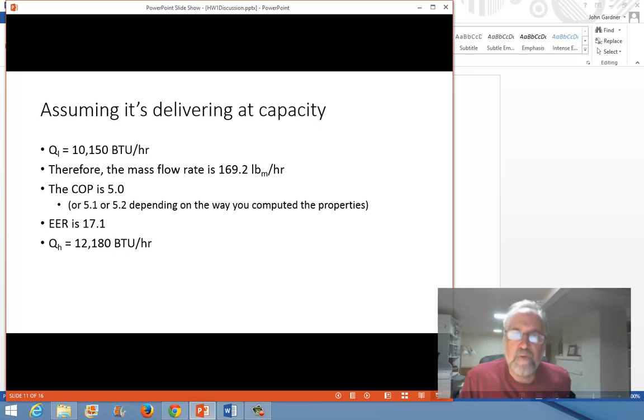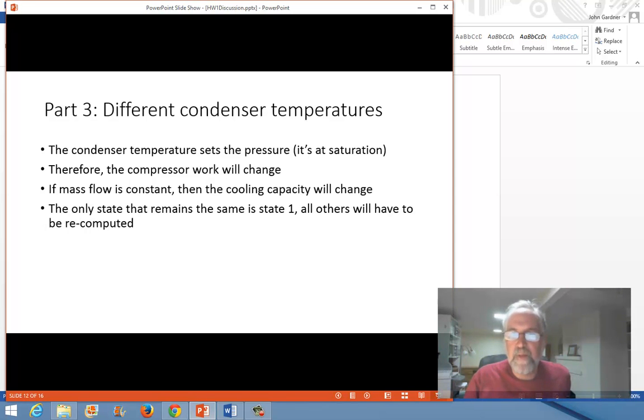It's BTUs per watt. And then the heat rejected in the condenser is 12,180. If you do the math on this, the compressor work plus the refrigeration effect has to equal the heat rejected. The whole system has to be consistent with the first law as well.